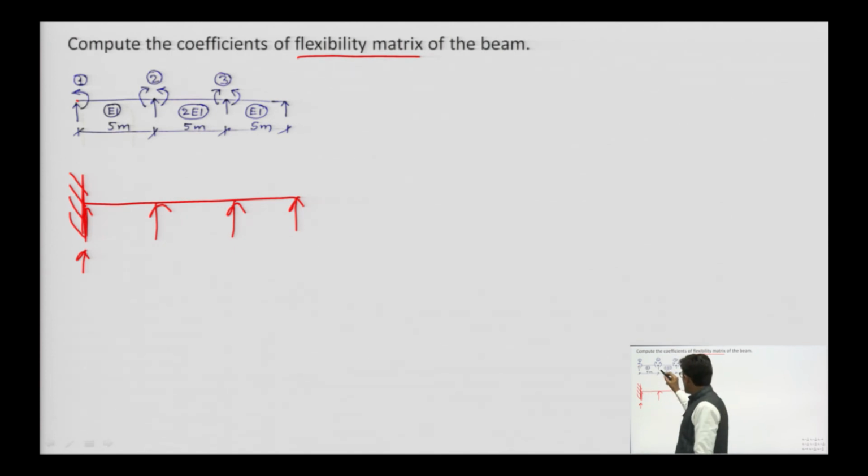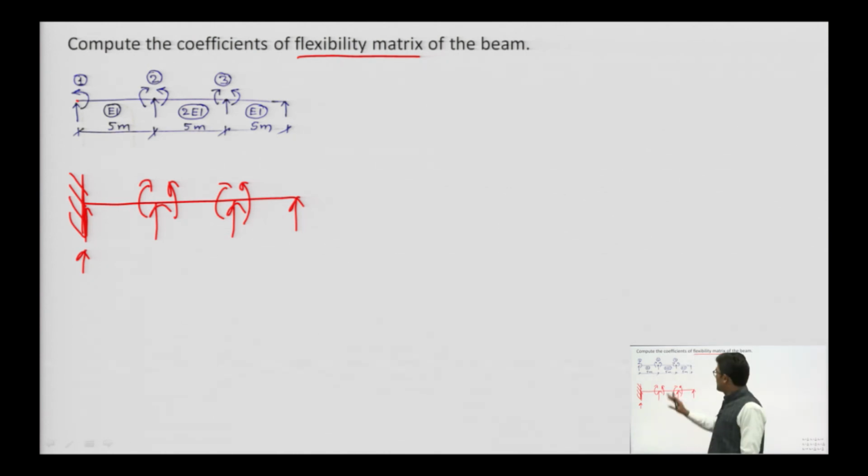At this joint it is continuous, with this moment and that moment, and this one is only a hinge.